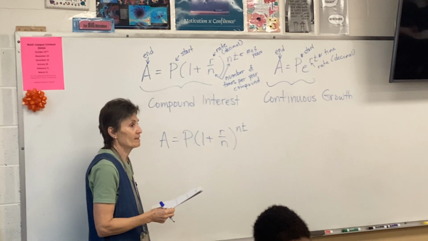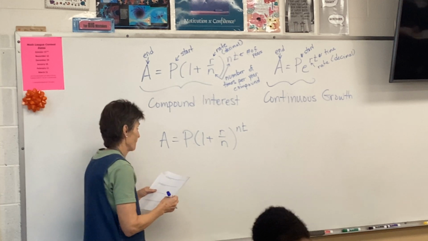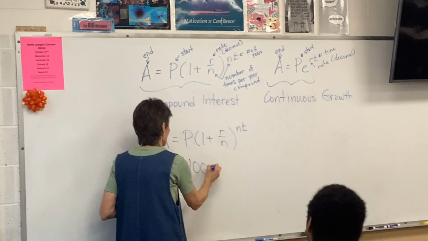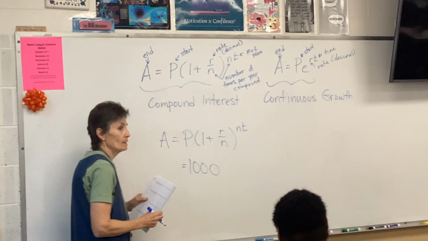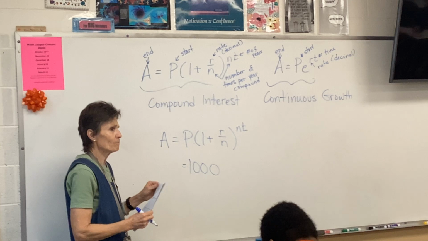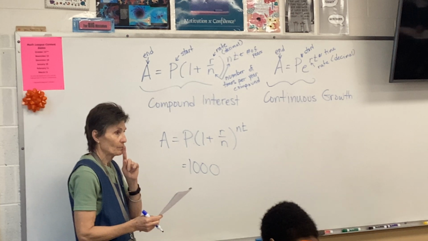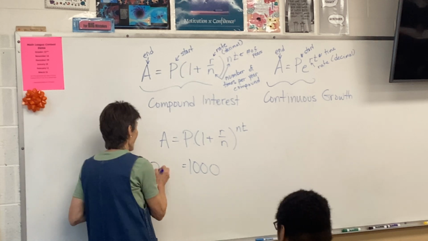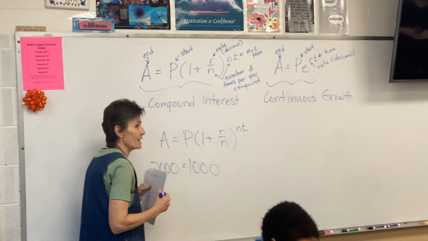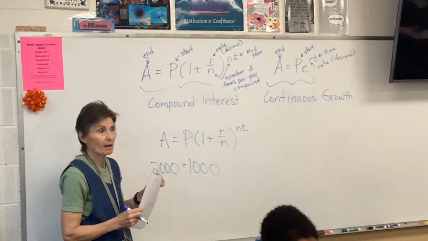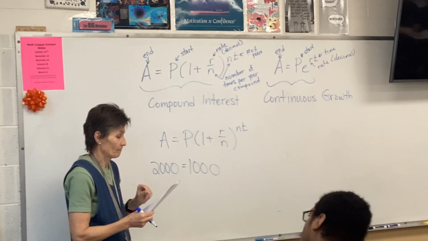Where are you gonna put the 1,000? In for P, because that's what I'm starting with, right? What am I gonna put in for my end amount? Read the problem. 2,000. Why am I putting in 2,000 for my end amount? Because I'm doubling my money. It's doubling.